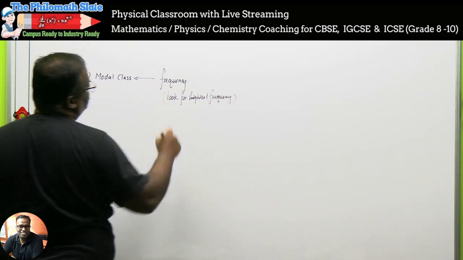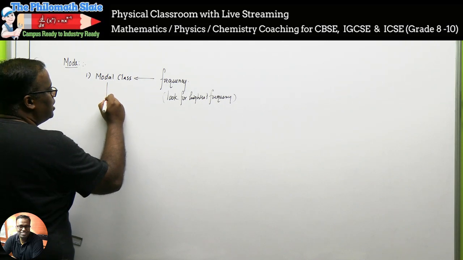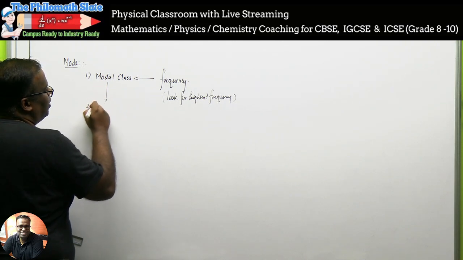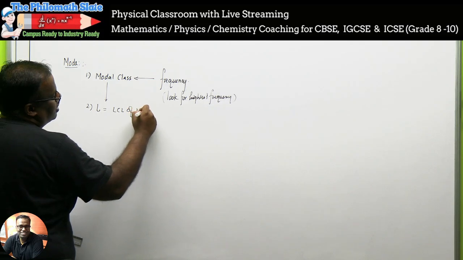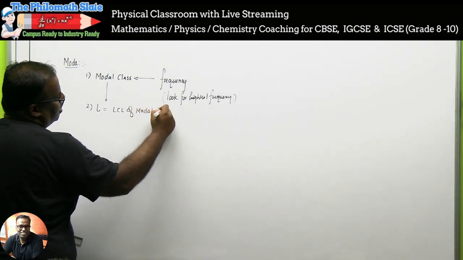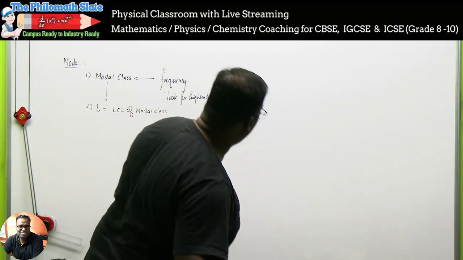Once you look for the highest frequency, you have found your modal class. Once you have found the modal class, the next step would be to find L, which is equal to the LCL of the modal class.